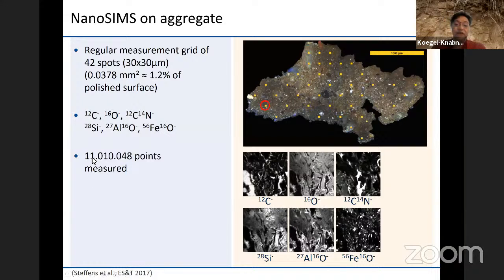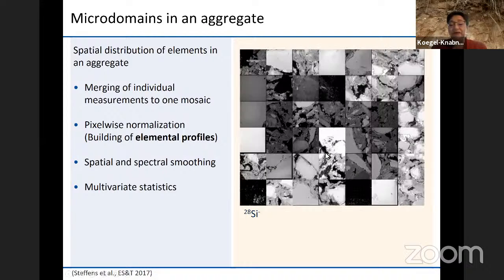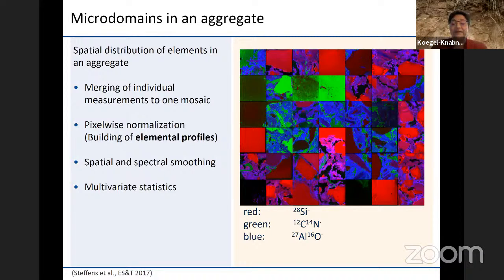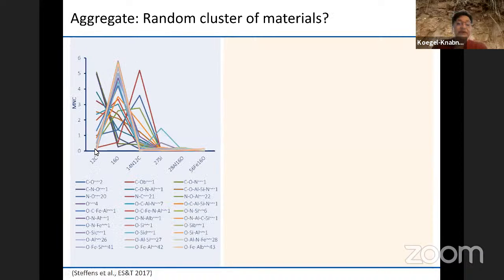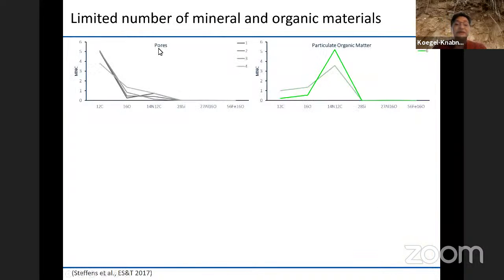We measured more than 11 million points and got these data for the different elements, and did multivariate statistics on that. Then we could see how these elements occur together or do not occur together. We did this cluster analysis, and finally we see that the gray shown in the later pictures is the pores.